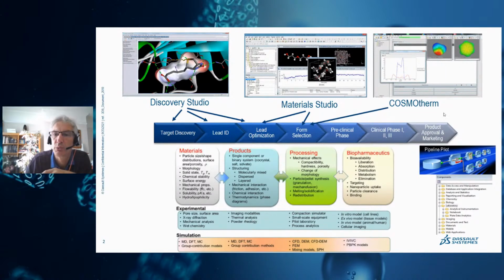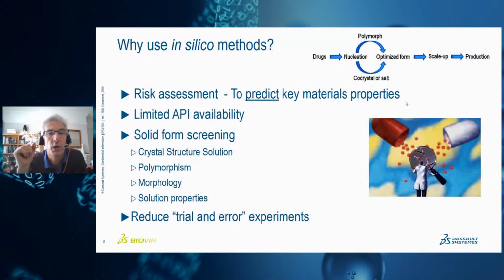There's another tool we won't mention today, Cosmotherm, which is about computing solubility. I might say a few words later. So that is the background, and so we have a drug from the discovery process, and we have to characterize it. So we go in the lab and we do NMR, X-rays, and so forth. But why use in silico methods?